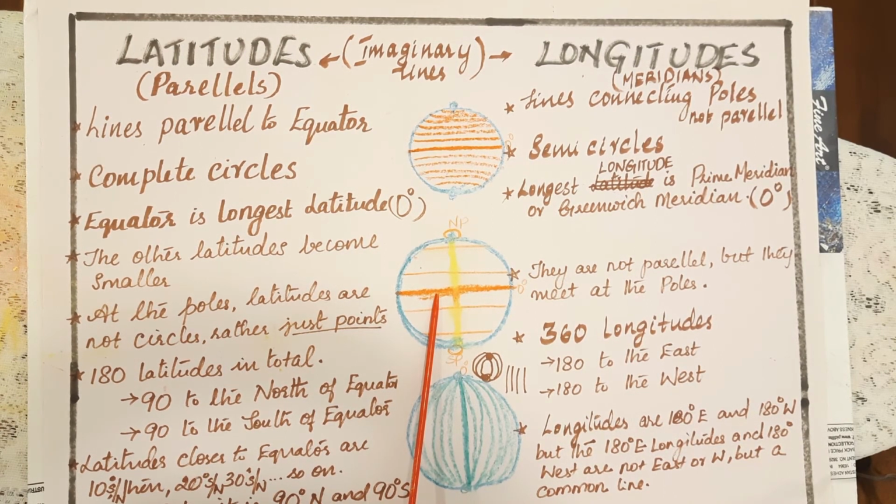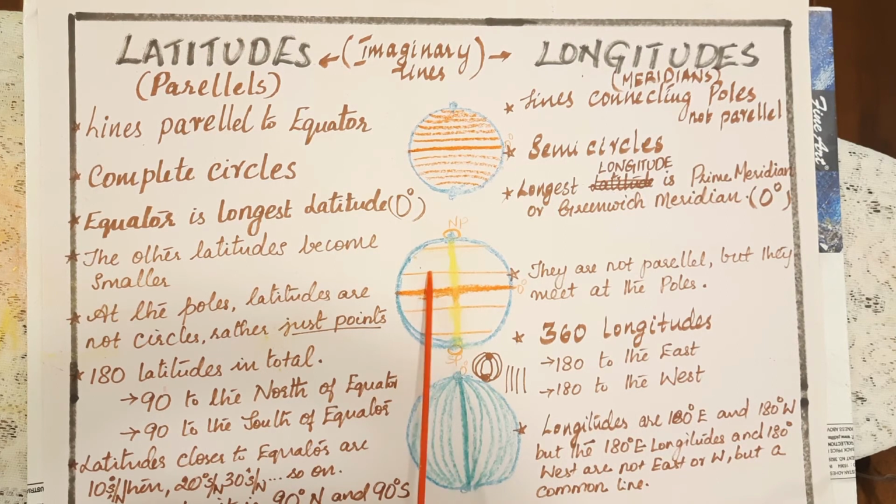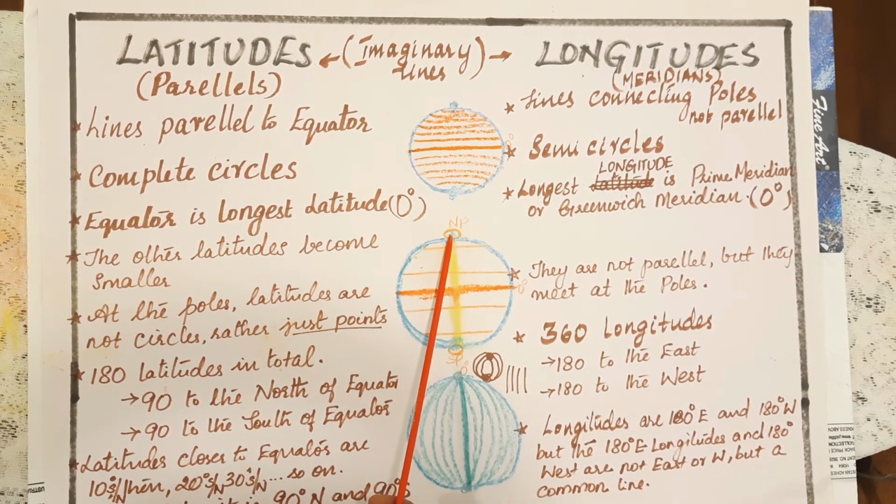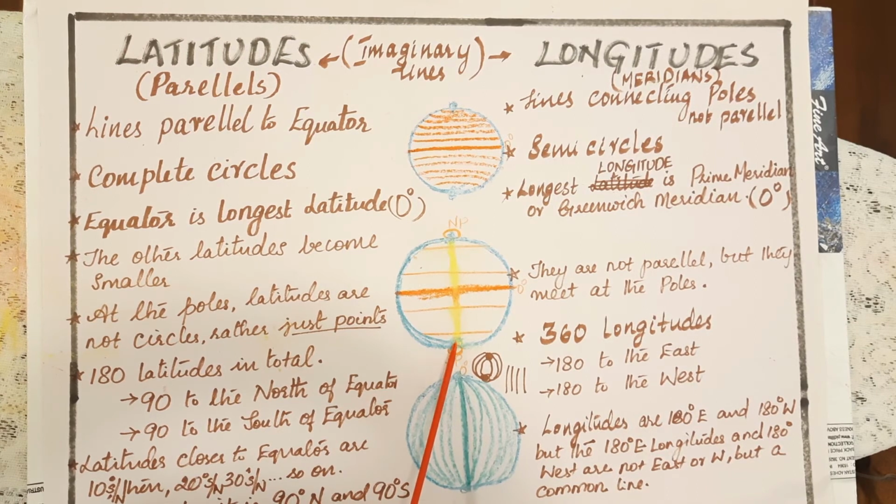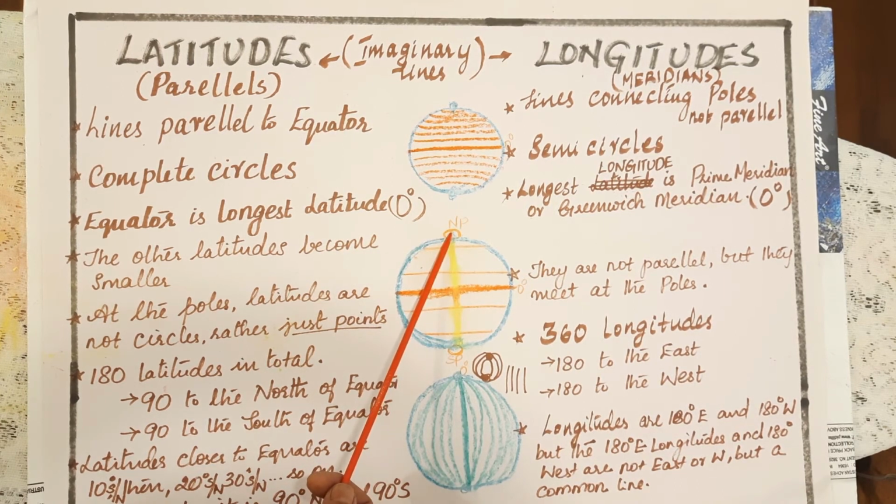Now, the people who are living in a region between the Tropic of Cancer and Tropic of Capricorn, this has hot climate. Then beyond this is moderate climate. North Pole and South Pole have extreme harsh and cold climate.